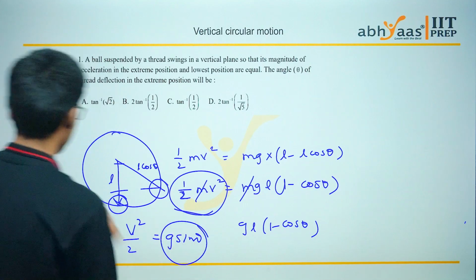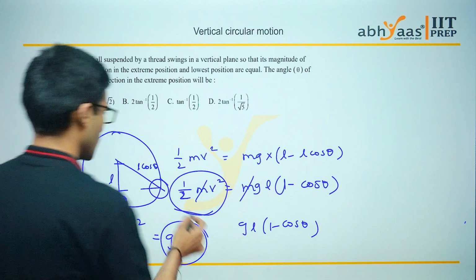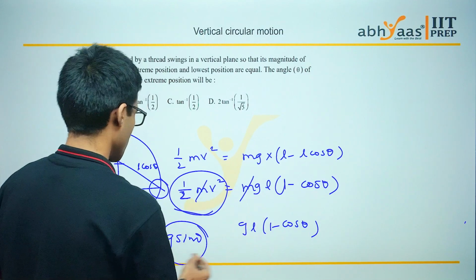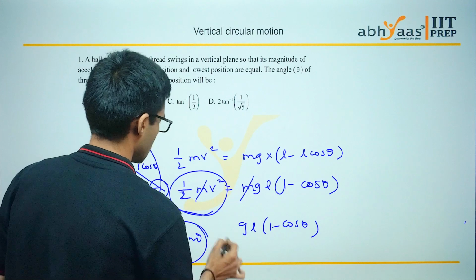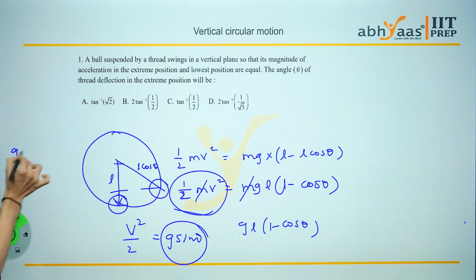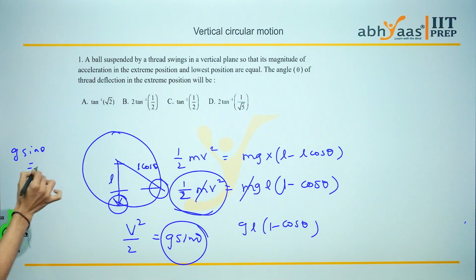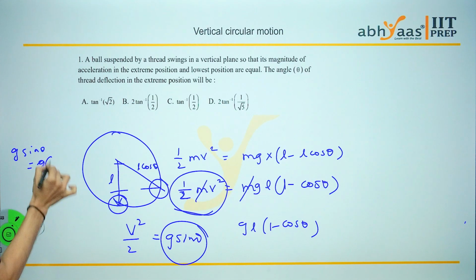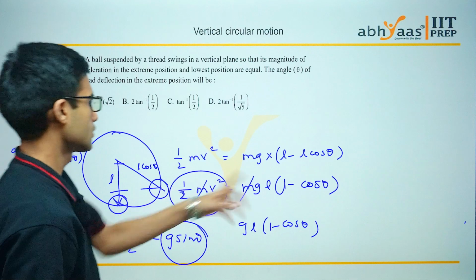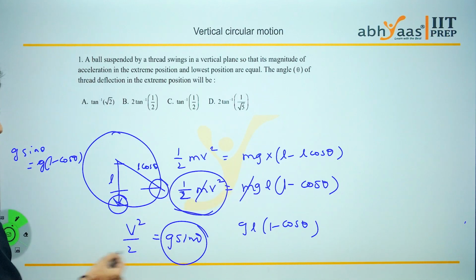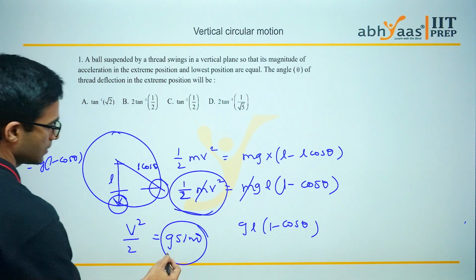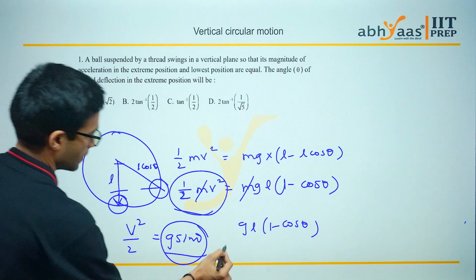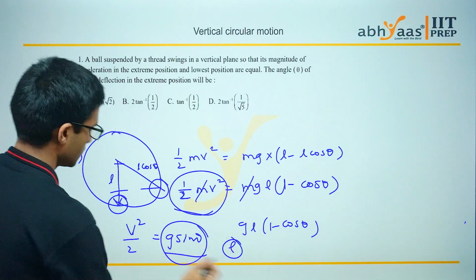So if you equate this, here v square by 2 is gL into 1 minus cos theta. So g sin theta is equal to g into (1 minus cos theta). Here mgL is there, here also this one will be there.